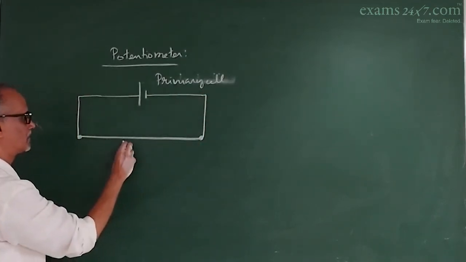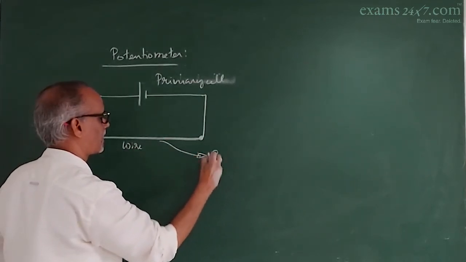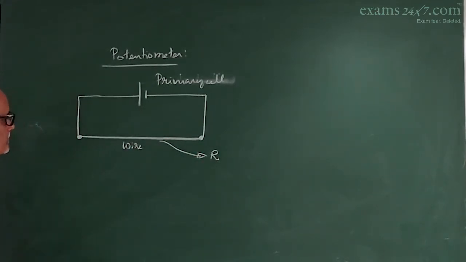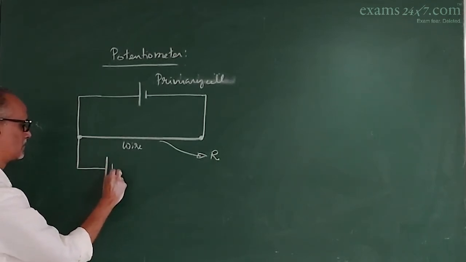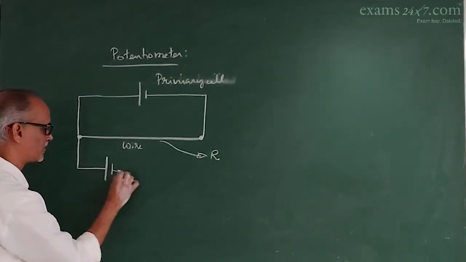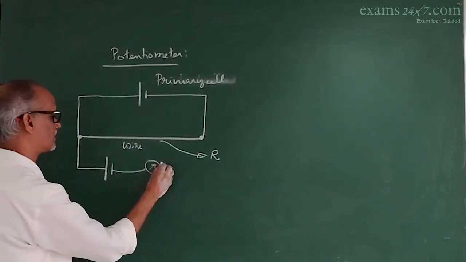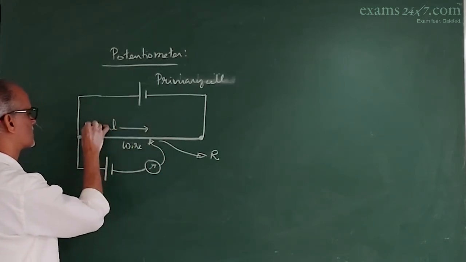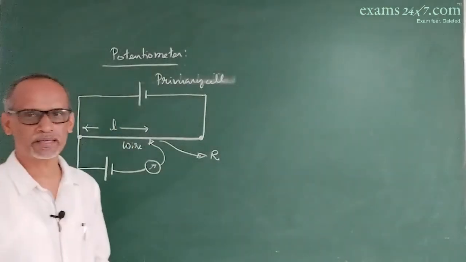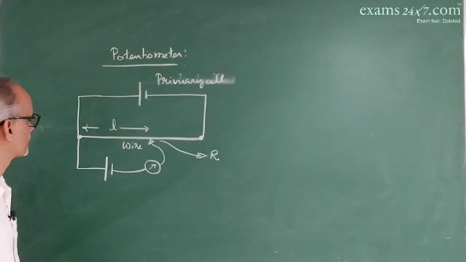So this is the potentiometer wire having resistance capital R. And then we connect the cell whose EMF is to be measured, and with the help of the galvanometer, we measure the length, which is called the balancing length, at which the galvanometer shows zero deflection.